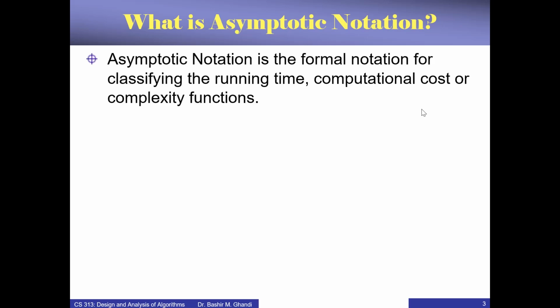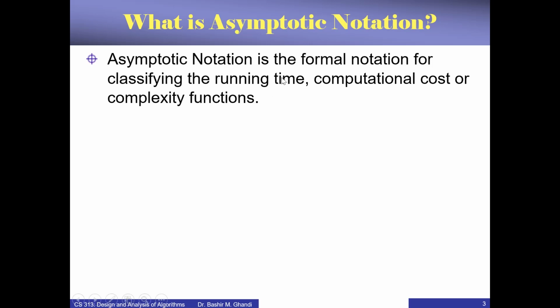Okay, so what is asymptotic notation? Asymptotic notation is the formal notation for classifying the running time, computational cost, or complexity of running time functions. These are all similar terms that are used to mean the same thing.